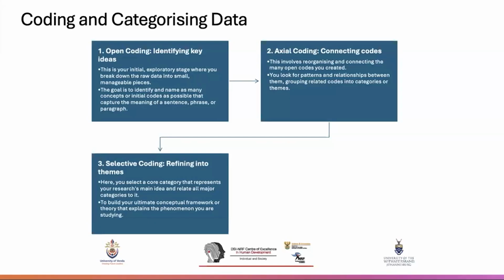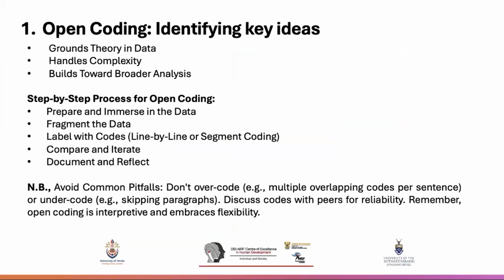I'm going to break down all these three steps for you so that you can understand what exactly happens in each one of them, and know exactly how you should be doing them. So I'll start off with open coding. Open coding, where you identify key ideas, is done so that you can ground theory in your data and handle the complexity of your data.